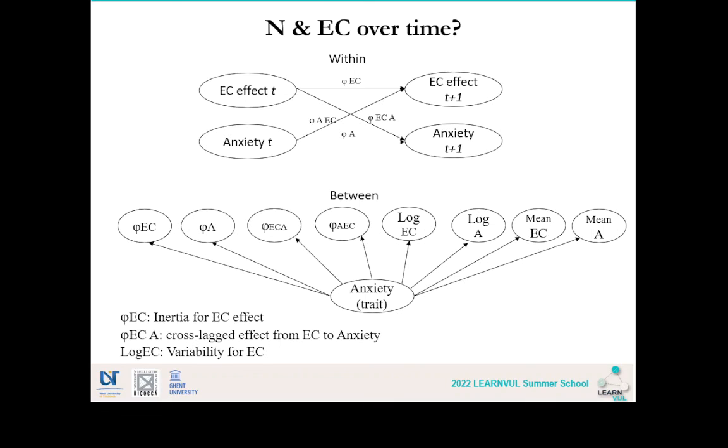And then you can look also at the between level, how trait anxiety will affect those parameters, okay? I didn't put them in as well, but the mean and the variability, including the variability for EC or anxiety, and how trait anxiety will influence that.